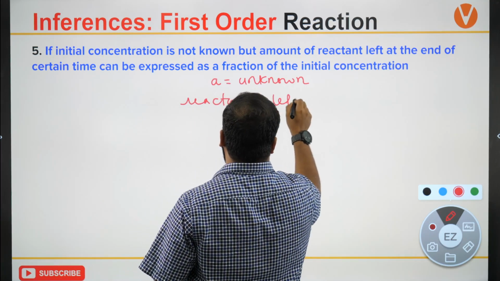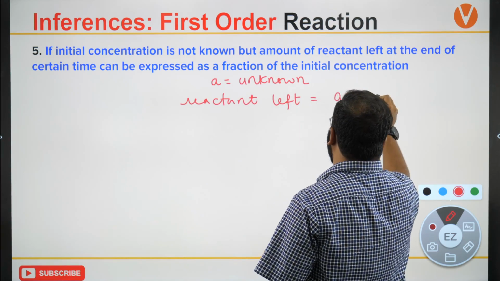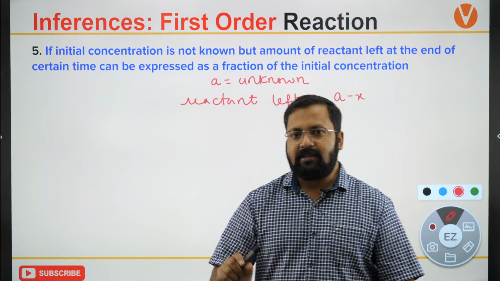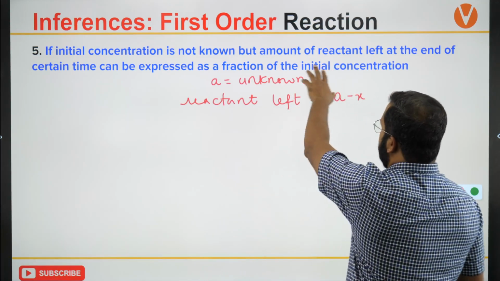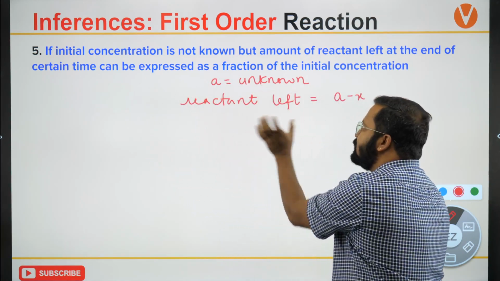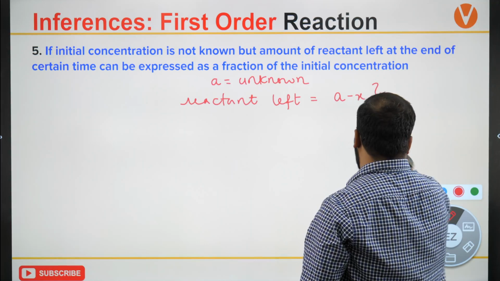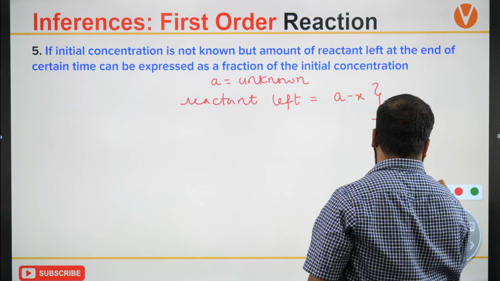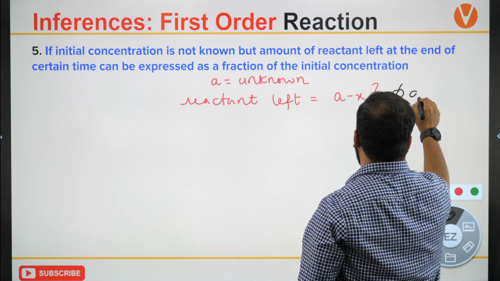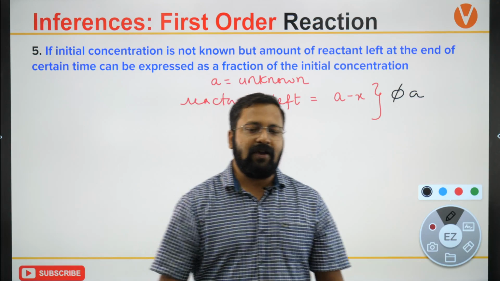We say that reactant left is equal to A minus X. The amount of reactant left at the end of a certain time is expressed as a fraction of initial concentration. Let's say this is some phi times A, where phi represents a fraction.